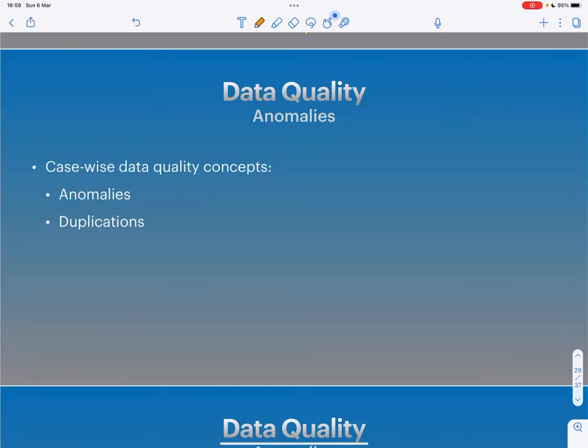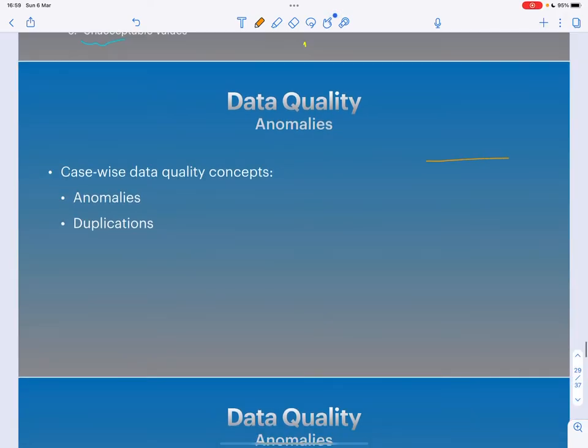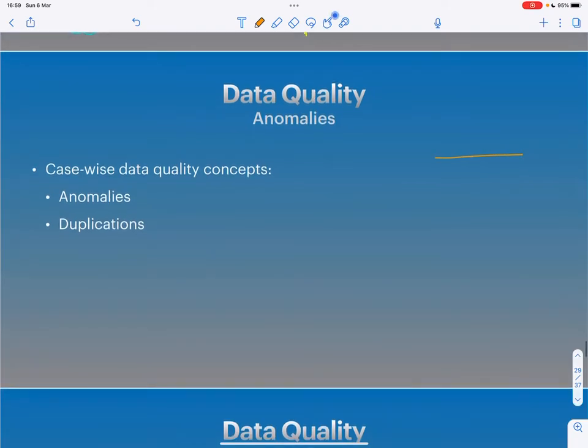So let's review the data quality topics. If this is a data set, and these are the variables, we learned a few topics on data quality, such as outliers and extreme values.